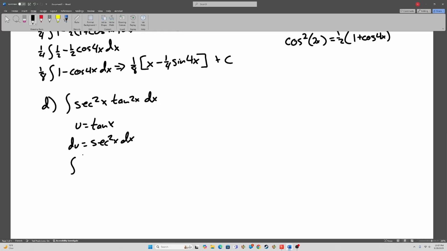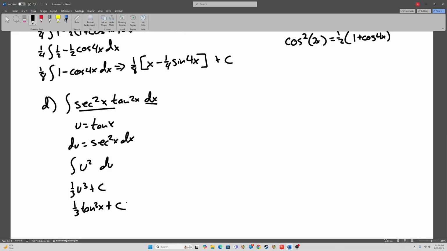So the secant squared dx becomes du. And the tangent is u, so that ends up being u squared. So 1/3 u to the third plus c. So 1/3 tangent to the third of x plus c.